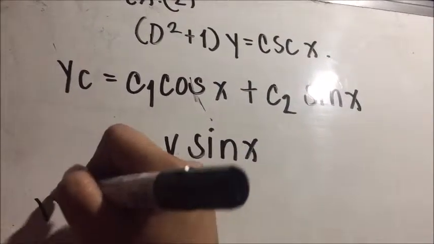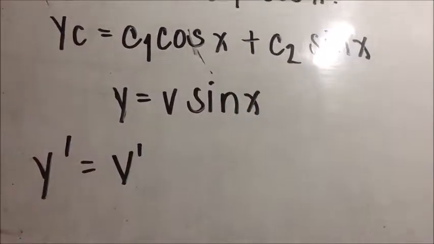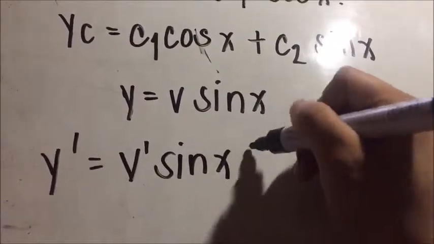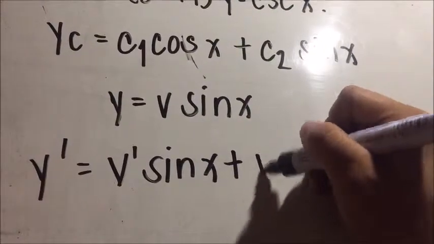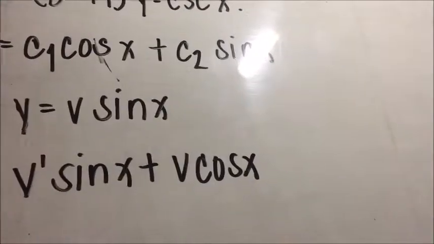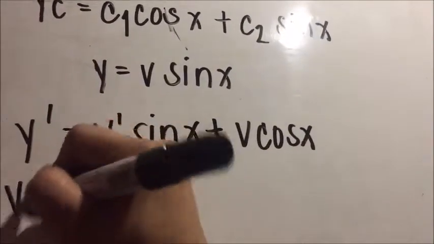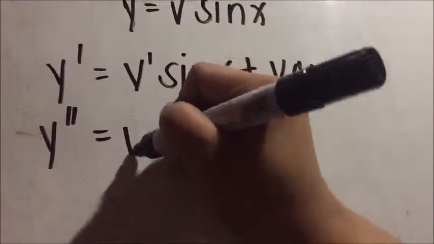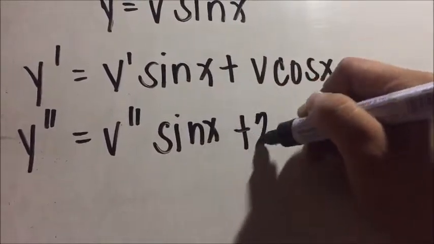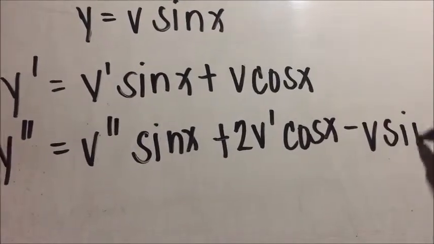And then we find that y prime is equal to v prime sine x plus v cosine x, and so y double prime is equal to v double prime sine x plus 2v prime cosine x minus v sine x.